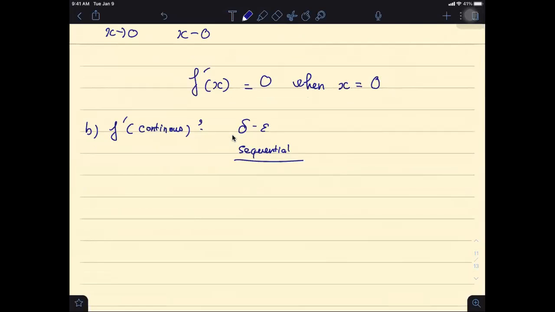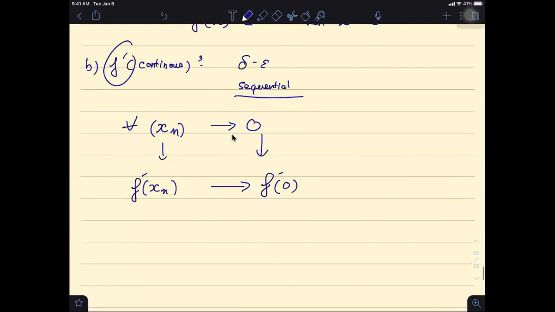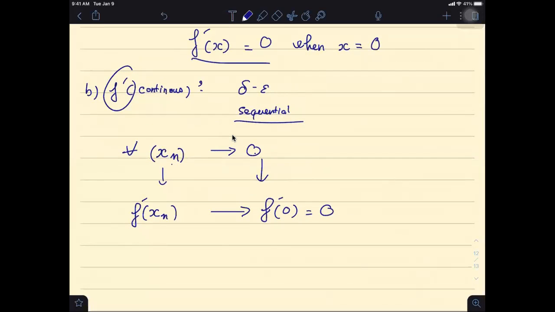So I think in this case we should use the sequential criterion, which means that for every sequence x_n approaching 0, then f of x_n approaches f of 0. f prime, I'm sorry. f of x_n, in this case f prime. Okay. All right. What do you guys think? If x_n approaches 0, then f prime of x_n approaches f prime of 0, which is 0, right? Because we just proved it. f prime of 0 is 0.